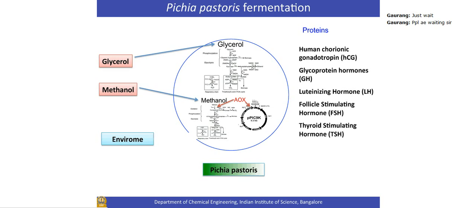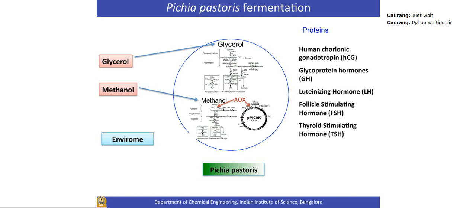cells. On the other hand, methanol can also be utilized by these cells, and this utilization is controlled by this particular entity, the AOX promoter. For the sake of simplicity, this is something like a switch. When methanol is present in the system, this switch gets turned on and allows cells to utilize methanol, convert it into formaldehyde, and then enter a metabolic network which results in more cells.